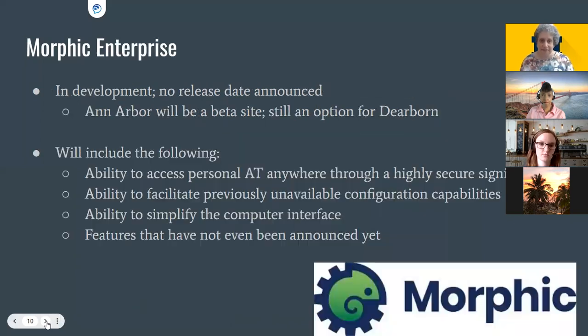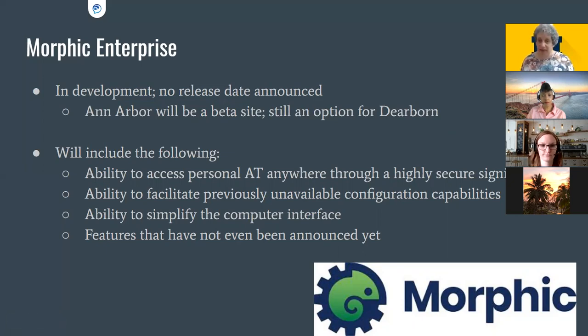Next slide, please. So Morphic Basic and Morphic Plus are pretty exciting on their own. Morphic Enterprise is what's going to blow everything out of the water. It's in development. There's been no release date announced yet. What it will include is the ability to access personal assistive technology anywhere through a highly secure sign-in.